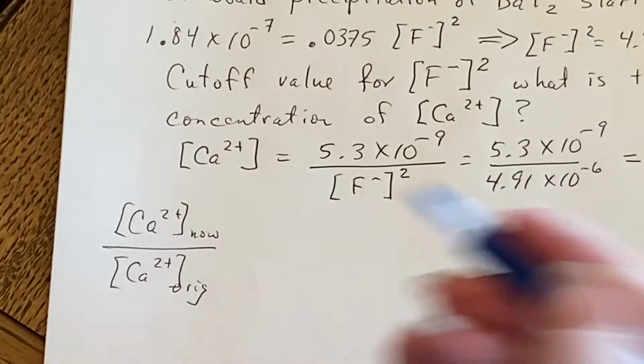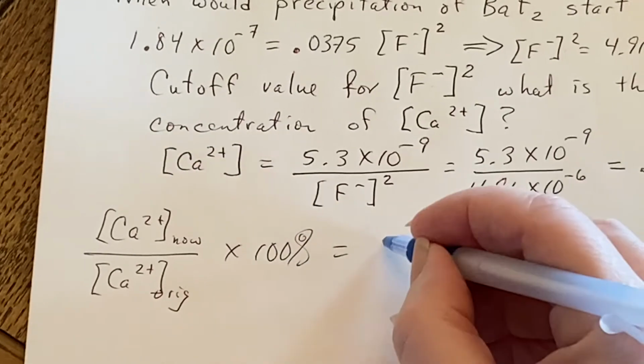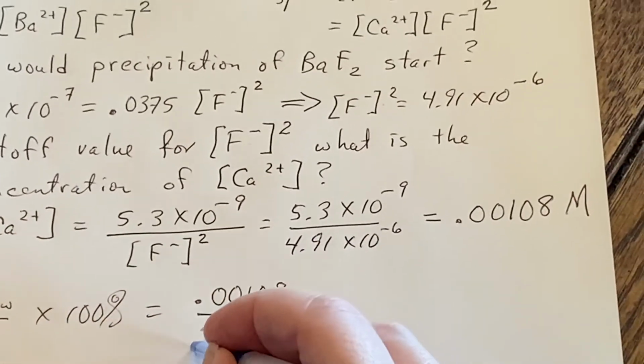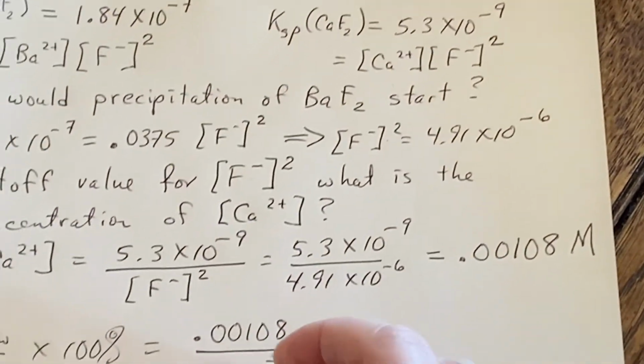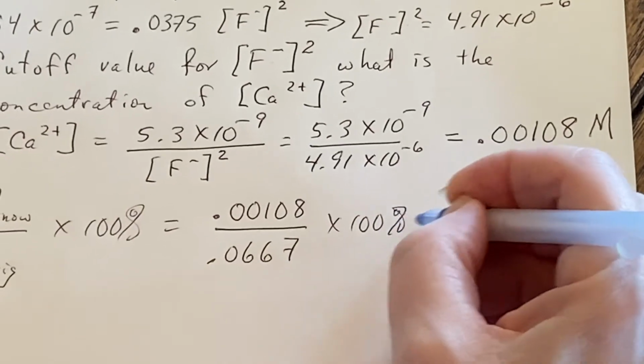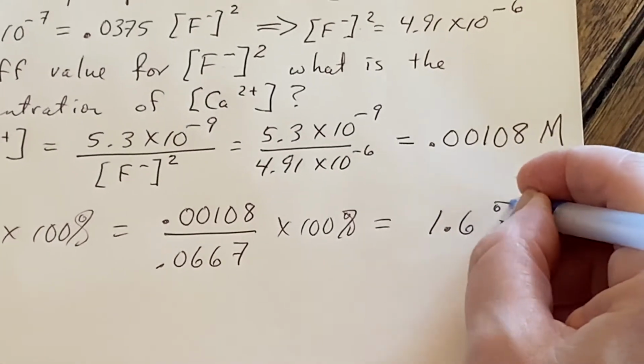And because they have it as a percentage, times 100% to turn it into a percentage. So I'll put the 0.00108, divide it by the 0.0667. The molarities cancel. Turn it into a percentage, and I find out that it is still 1.6%.